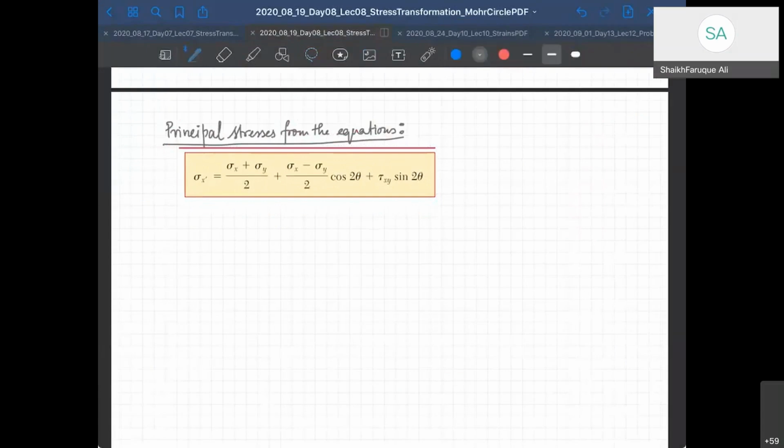So now you know this formula. You need to find the maximum, right? So we need to find sigma max and sigma min. That is what we have to find. And you know how to find that, right? You have to take the derivative with respect to the plane angle theta, and since sigma is maximum, the derivative has to go to 0.